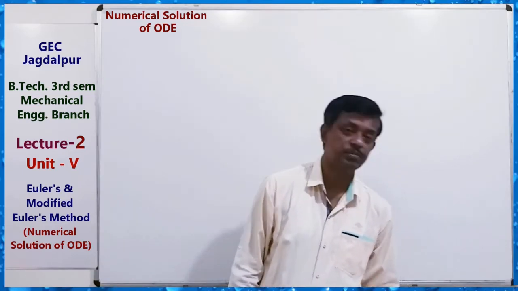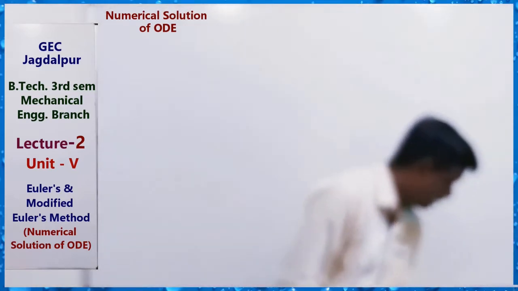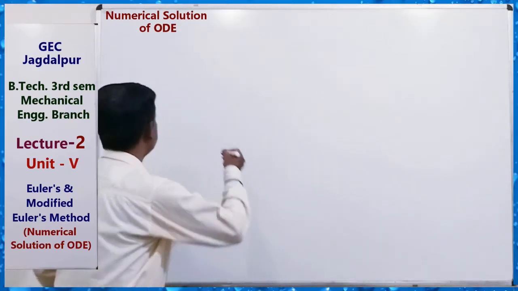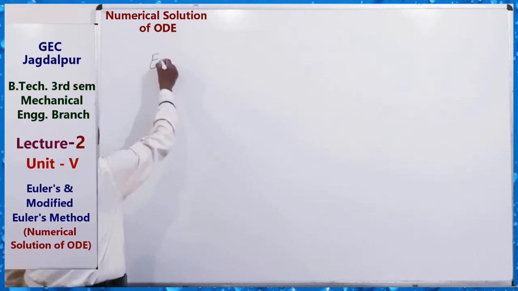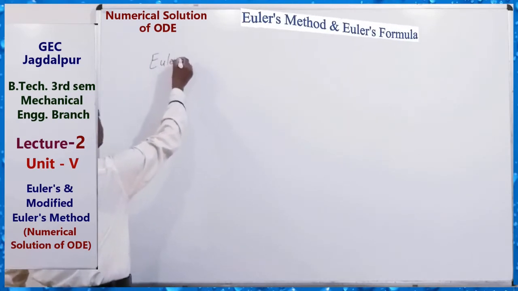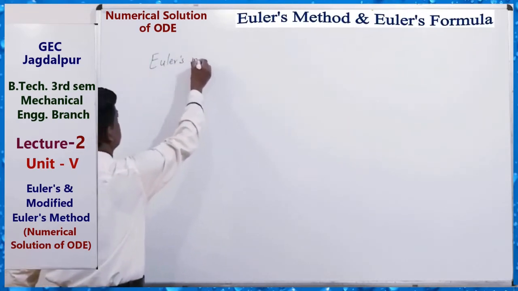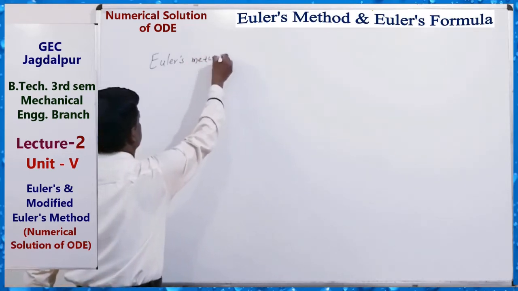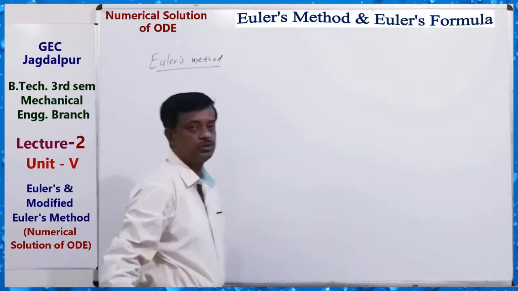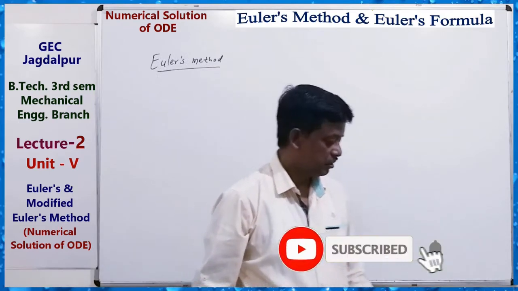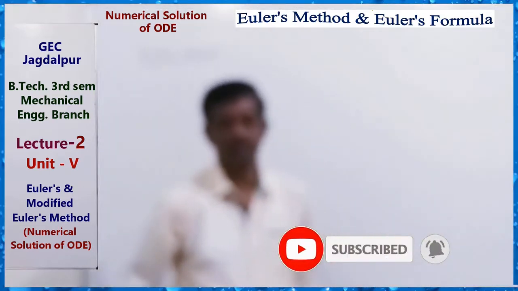So here is Euler's method for the numerical solution of a first order differential equation initial value problem.